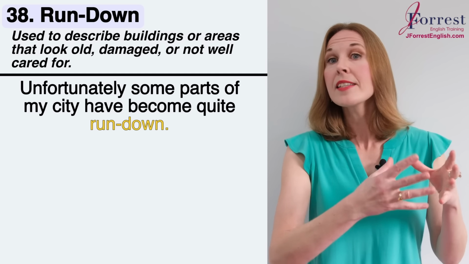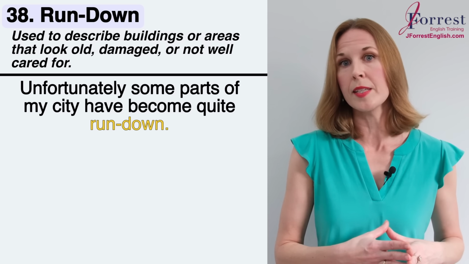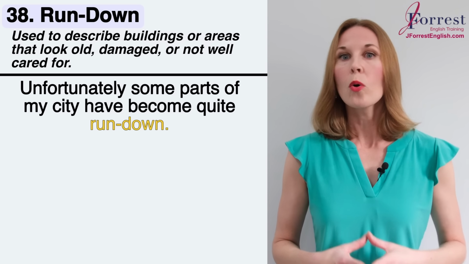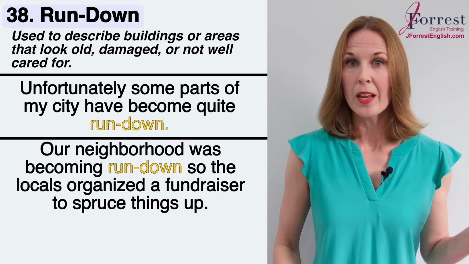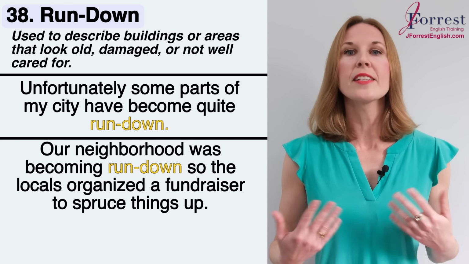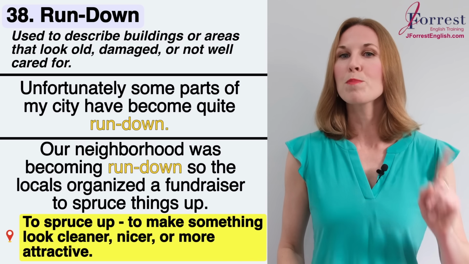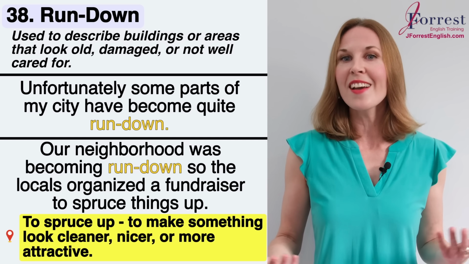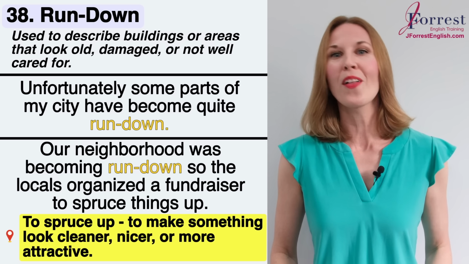So you can isolate a certain area of your hometown and describe it as run down, and maybe provide some examples or the reason why. Or you can say, our neighborhood was becoming run down, so the locals organized a fundraiser to spruce things up. To spruce up. This means to make something look cleaner, nicer, or more attractive. And you can use that with people as well.